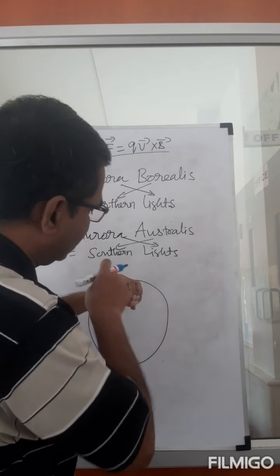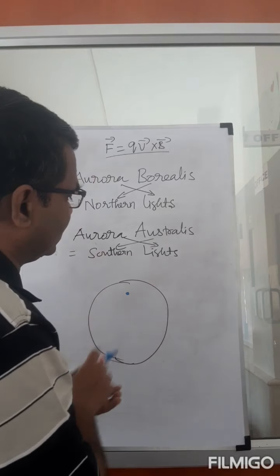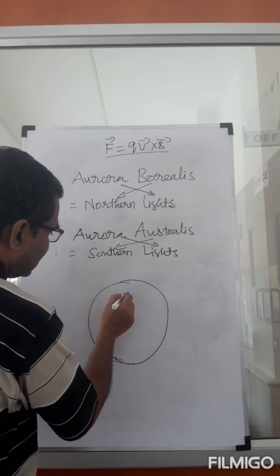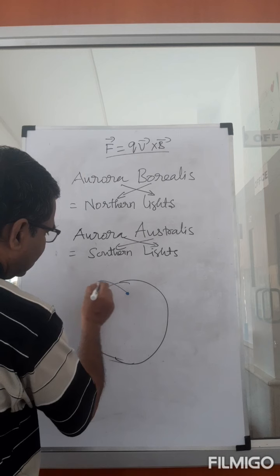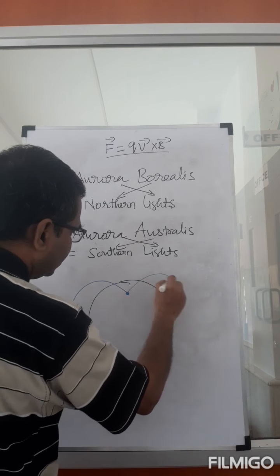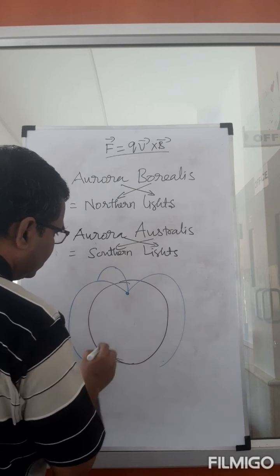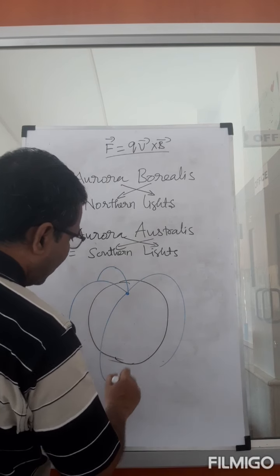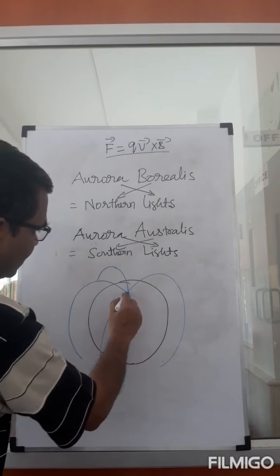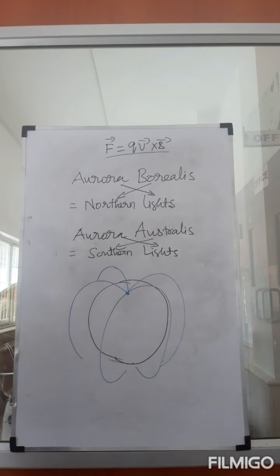So the magnetic field lines of the Earth will be like this. Something like that.